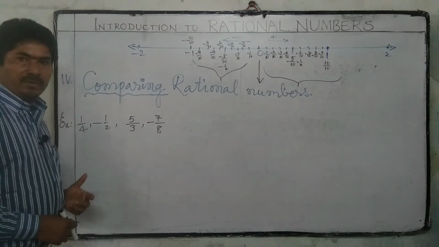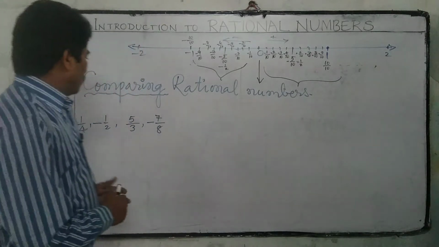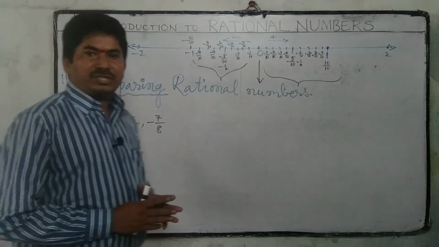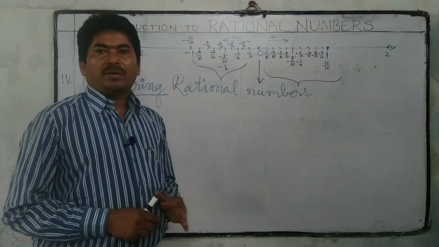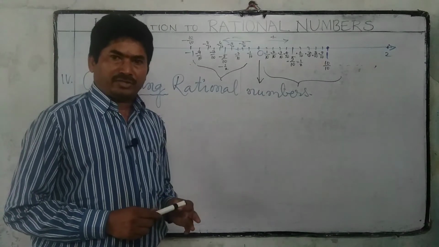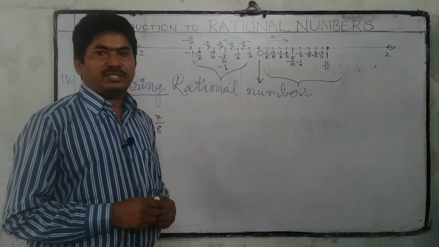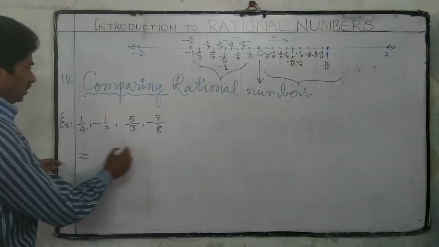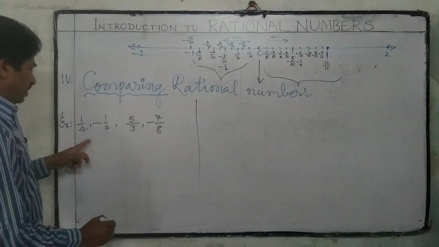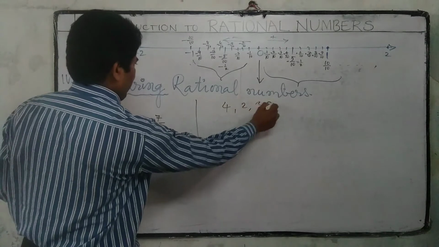Here is one example. To compare fractions, we know already we have to make the fractions like fractions. To make like fractions, we have to take the LCM of the denominators. LCM of these numbers 4, 2, 3, 8.